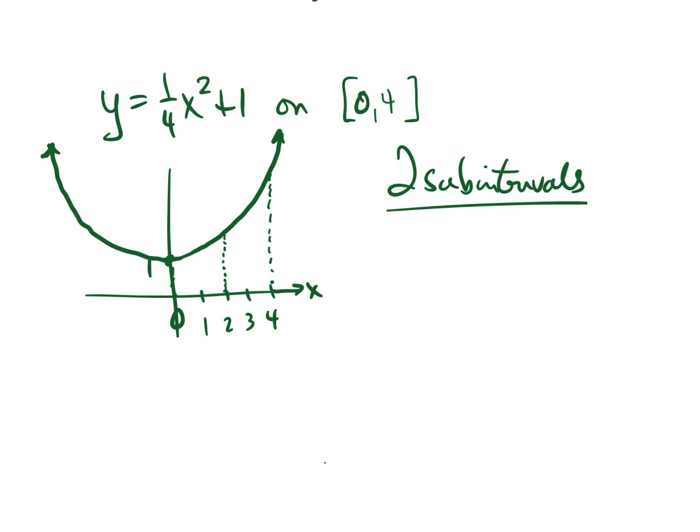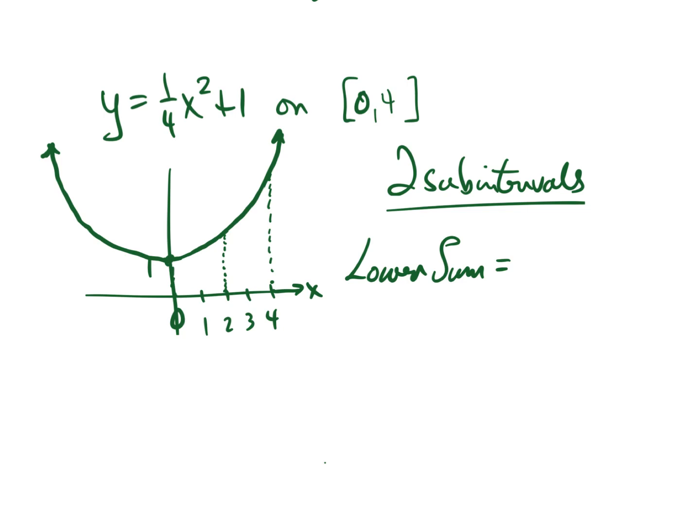So we have this 0 to 2, and then 2 to 4. Those are equal. Now, to approximate the area, we have all kinds of different ways we can do this, but what I'm going to use is what's called a lower sum. And what's going to happen is, in each of the intervals, we're going to pick a point on the curve.